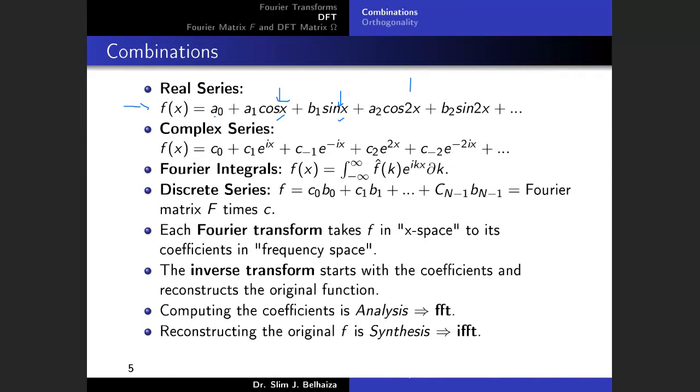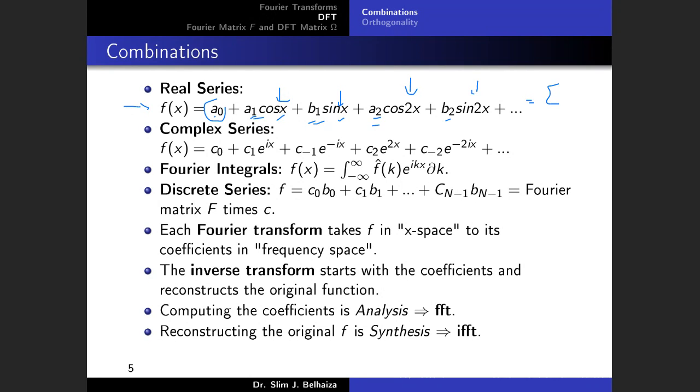You see the only change here is the angle. So you see a0 plus a1 cosine x plus b1 sine x, and the a's go with the cosines, and the b's go with the sines.